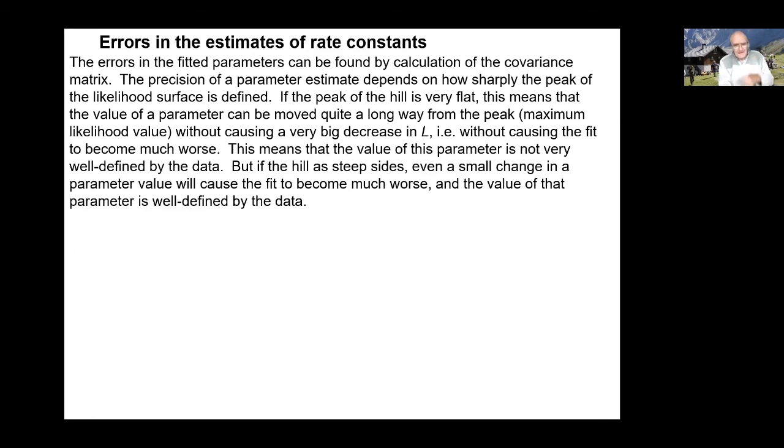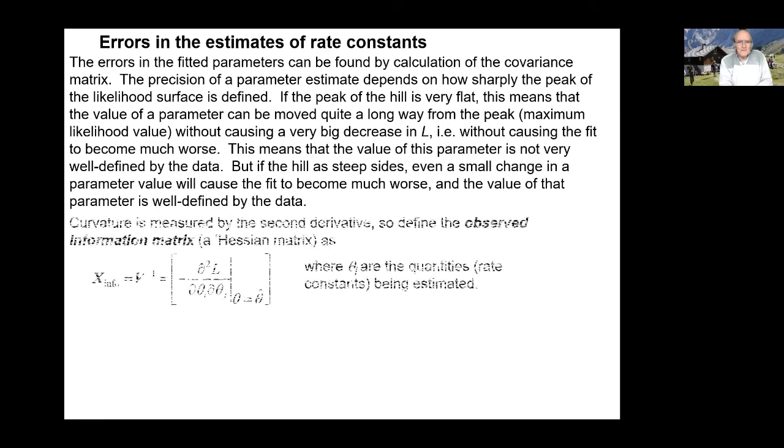So how do we get that correlation matrix, you may well ask? Well, it's a very standard method. And it depends on the curvature of the likelihood surface near the maximum. If the curvature is higher in that likelihood surface, then it falls off steeply.